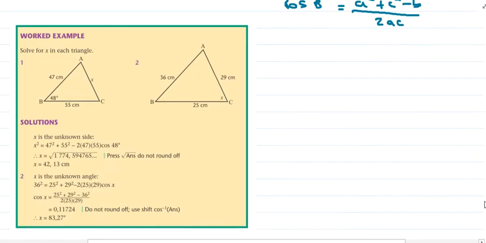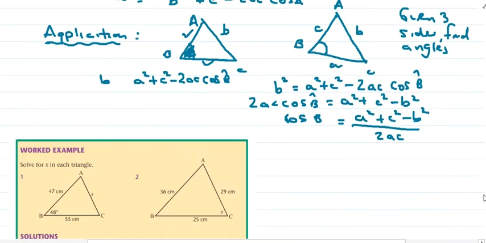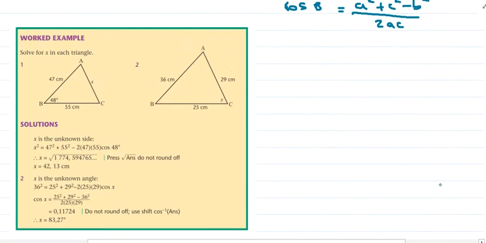Let's look at some worked examples in order to become familiar with it, and we will look at the application of these rules, the sine rule, cosine rule and area rule, in further videos.